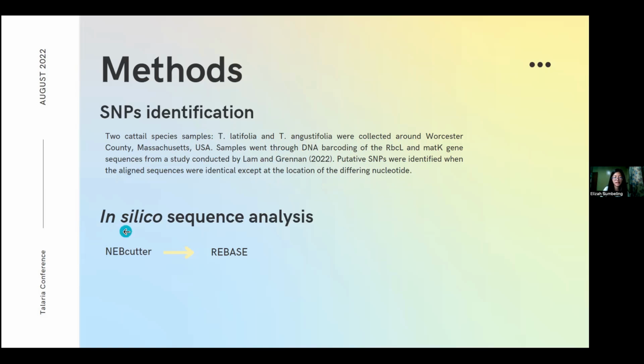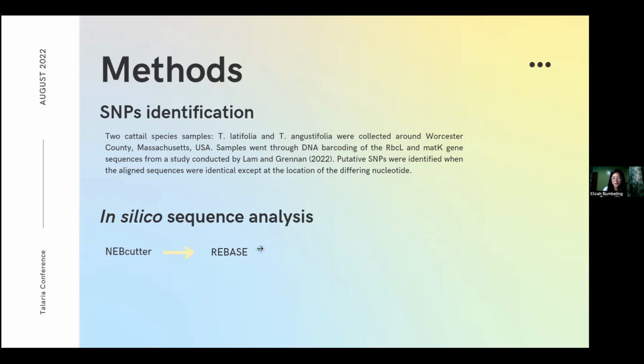So next is the in silico sequence analysis. So we used NEBcutter, which is a restriction analysis tool, to find restriction enzymes of the sequences where the putative SNP was located. The restriction enzymes were chosen for RFLP analysis at Worcester State University based on the result of the theoretical digest performed on REBASE, which is also another bioinformatics tool.